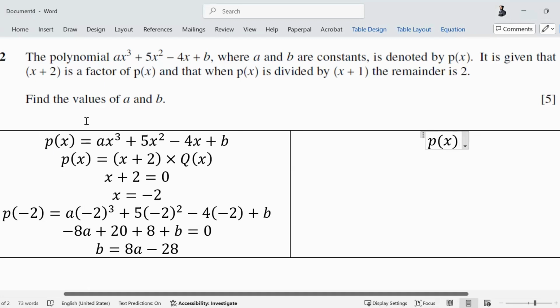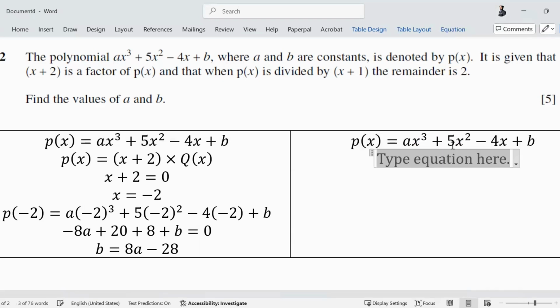This is my p of x. Now when I am dividing it by x plus 1, observe. x plus 1 will be multiplied by the quotient, plus the remainder, which is 2. Can I write p of x in this form if I'm dividing it by x plus 1? x plus 1 into the quotient of x, which is again another polynomial, plus 2.